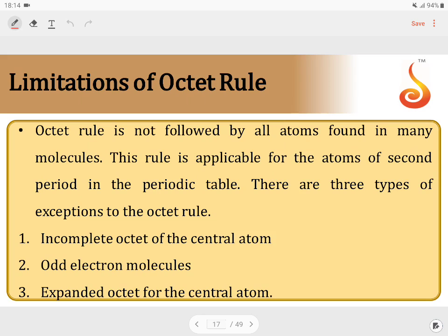Definitely, using the octet rule, we can explain the formation of certain molecules, no doubt about it. But there are limitations or drawbacks. There are three major drawbacks.